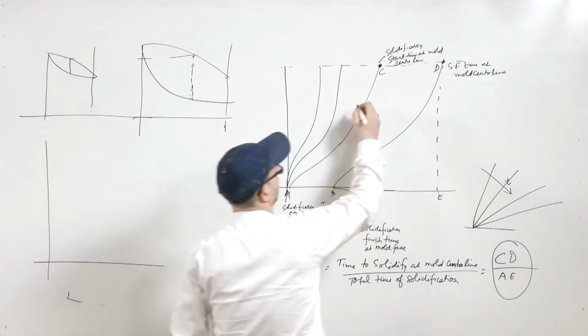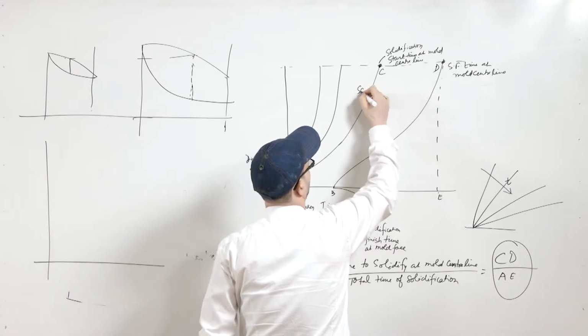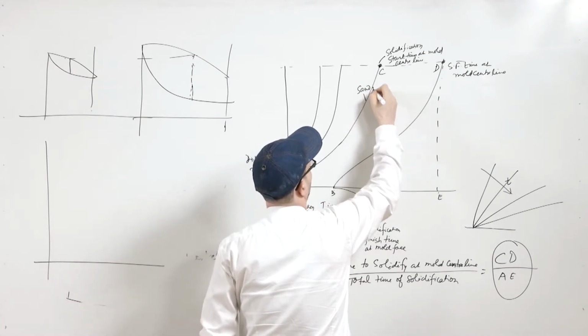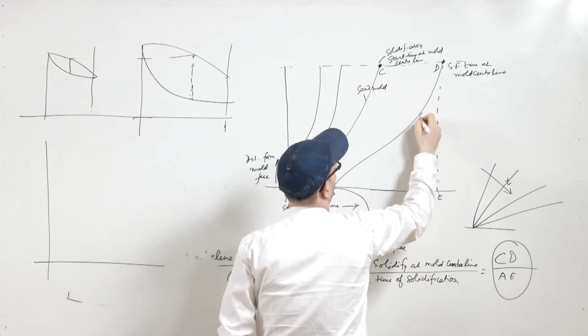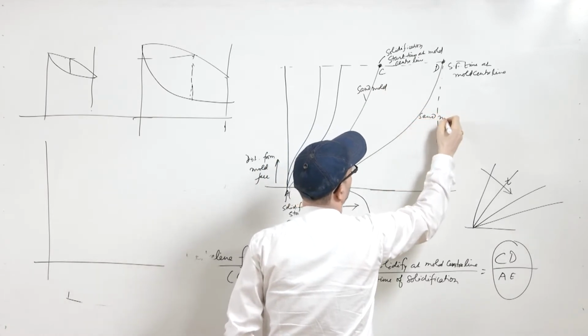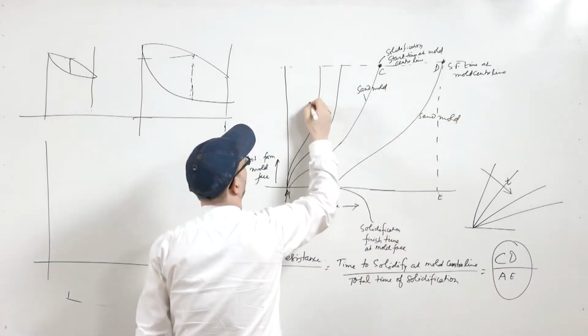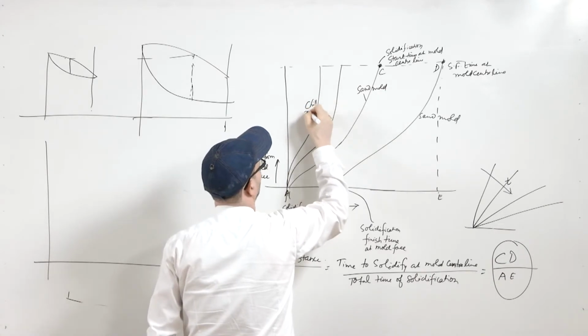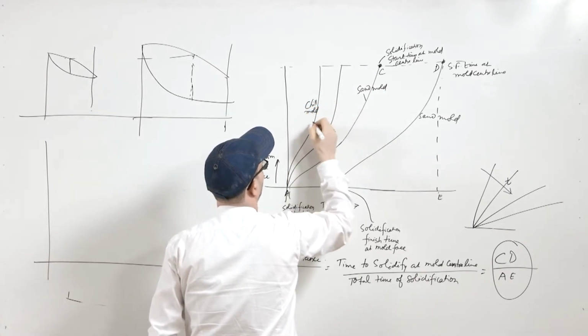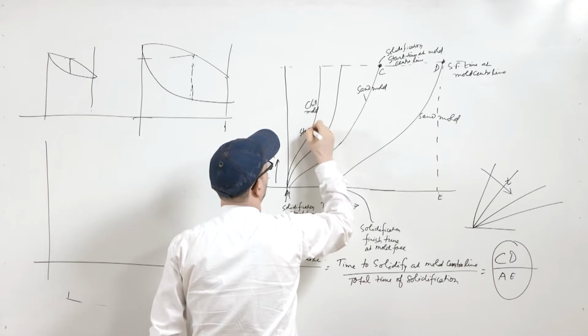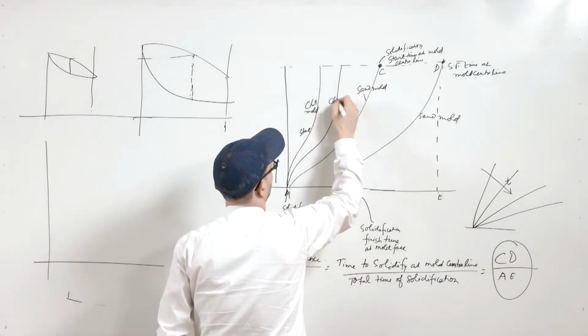Now, this is for the sand mold, start and finish, and this will be for the chill mold. This is start and chill mold finish.